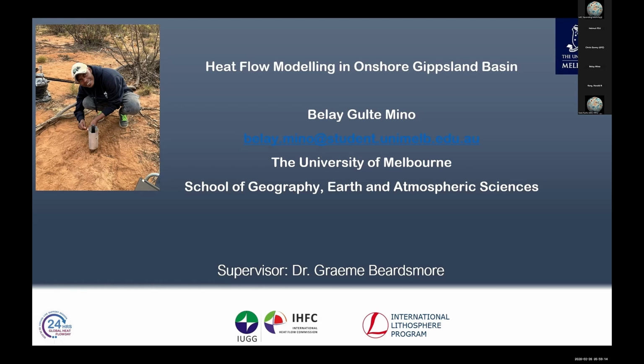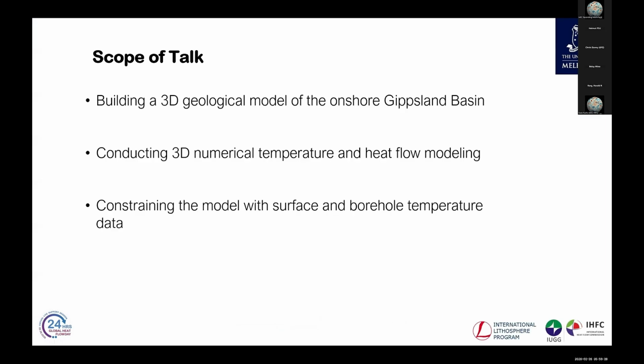The title of today's talk is heat flow modeling in one of Australia's onshore basins, the onshore Gippsland Basin. The scope of today's talk will be building a 3D geological model of the onshore Gippsland Basin.